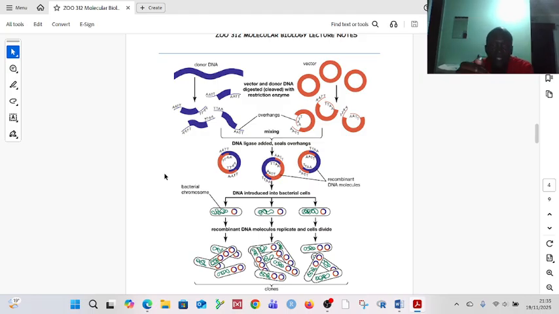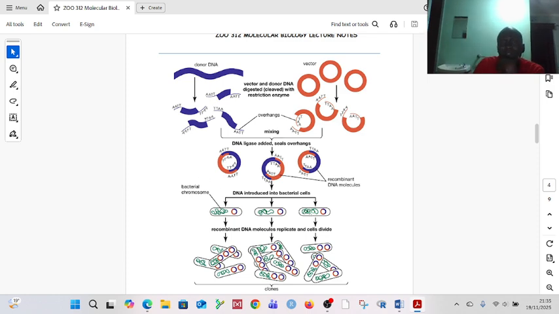You mix them together, then add a DNA ligase, which is an enzyme that helps to seal, to join the vector together with the gene of interest that you've cut from the donor DNA.